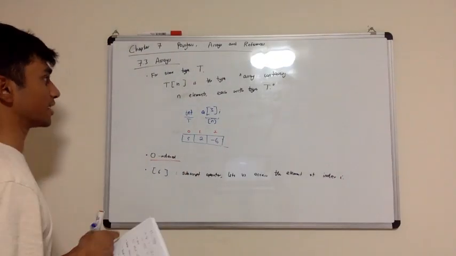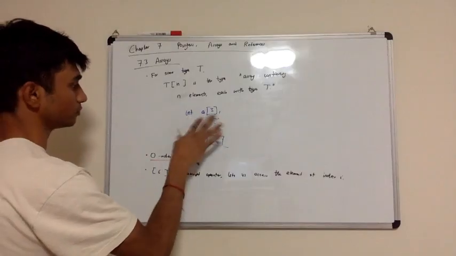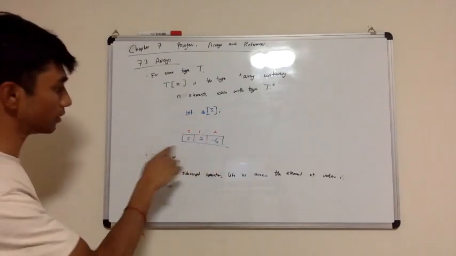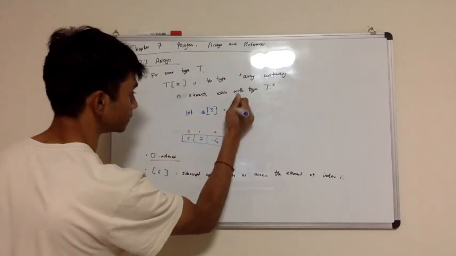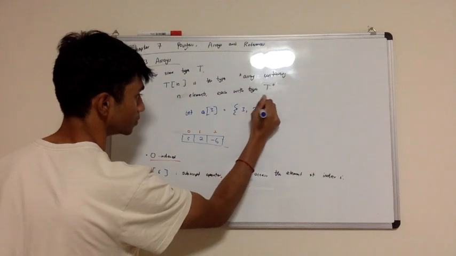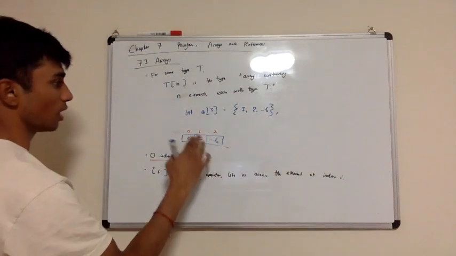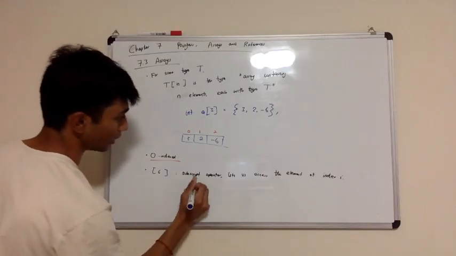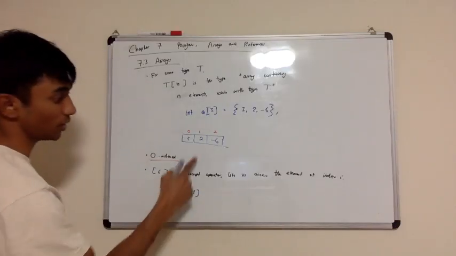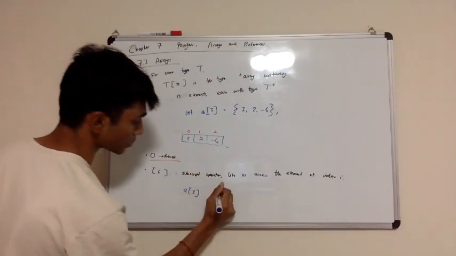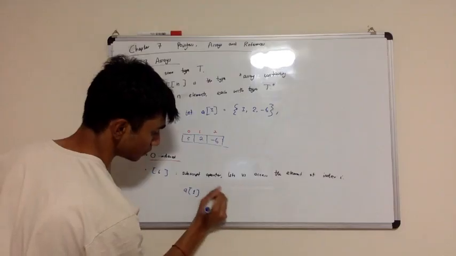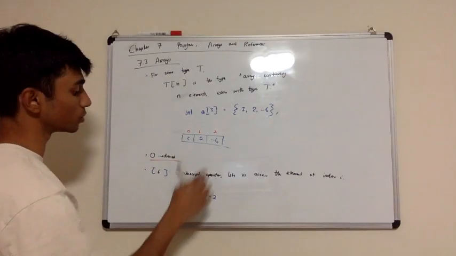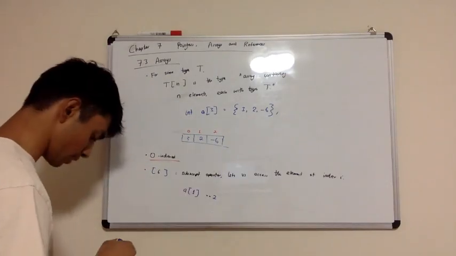So in this case, if we declared a and initialized it to be 3, 2, and -6, then if we were to print a of 1, we would look at index 1, and this would print 2. So a of 1 is equal to 2.